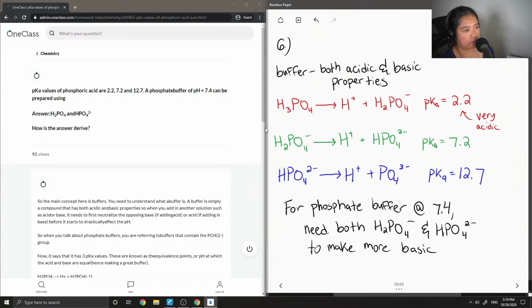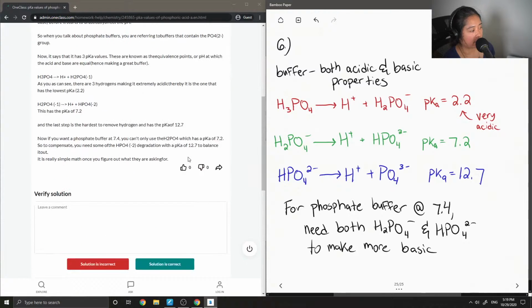Because if we use just straight up phosphoric acid, whose pKa is 2.2, that'll affect the pH of the buffer so much that your buffer won't even be a neutral pH, it'll be so much lower. So that's why we need the H2PO4 minus and HPO4 2 minus.